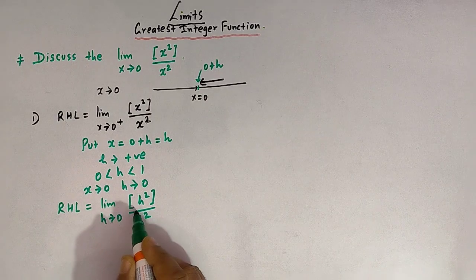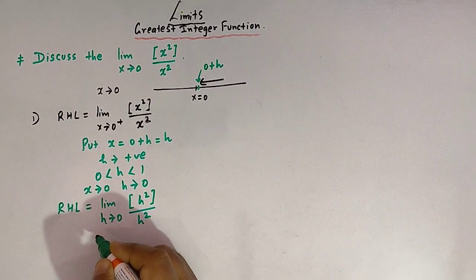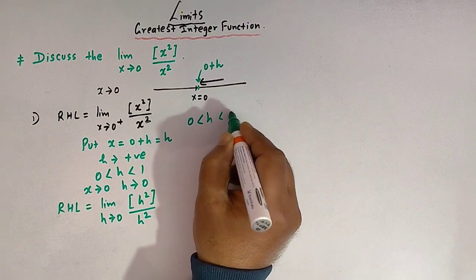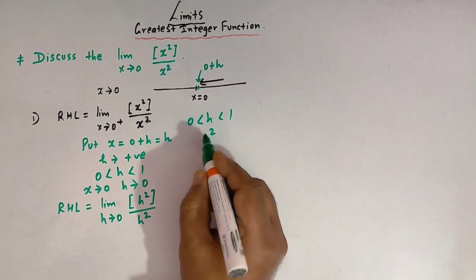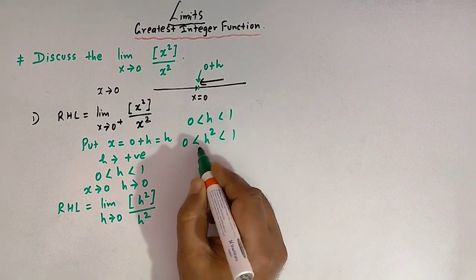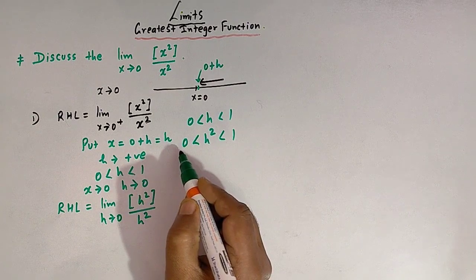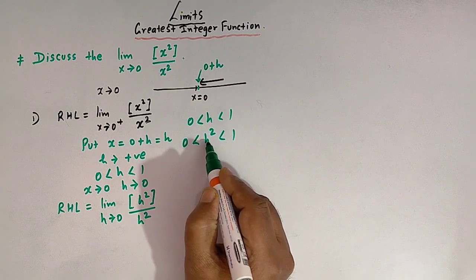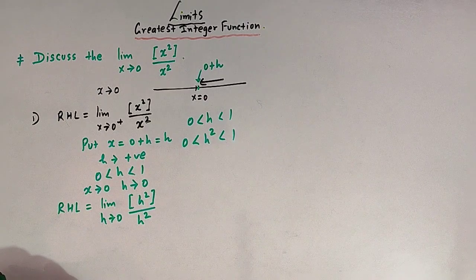So what we will do, h is a very, very small quantity and it lies between 0 and 1. So obviously the square of h also lies between 0 and 1. We have just said that h is a positive quantity and h lies between 0 and 1, so its square, h square, also lies between 0 and 1.